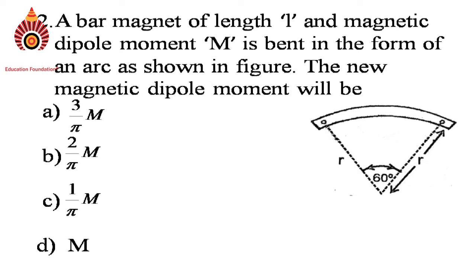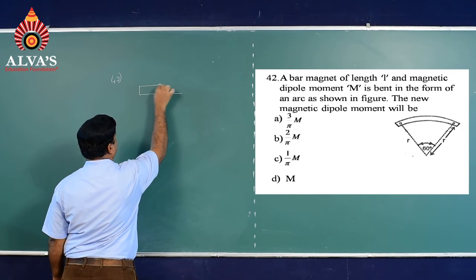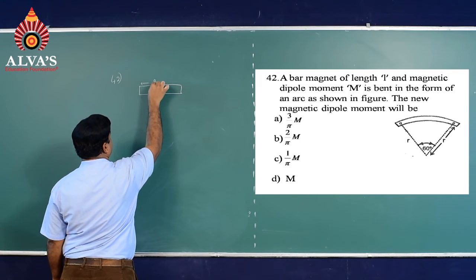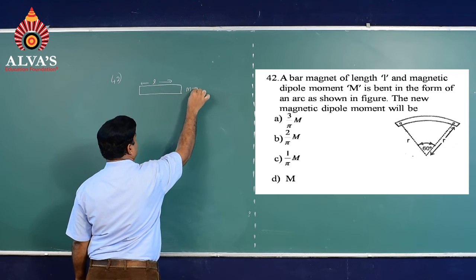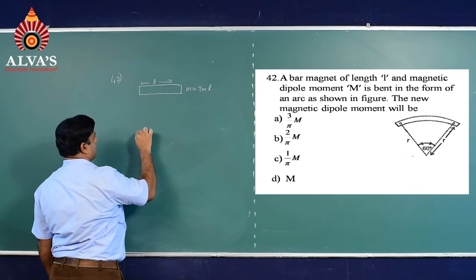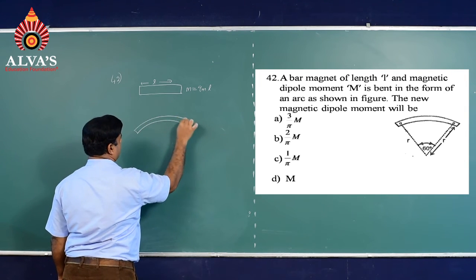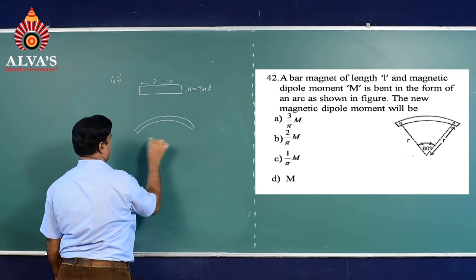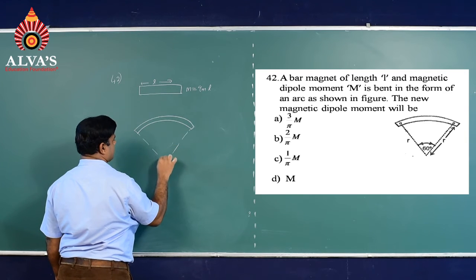A bar magnet of length L and magnetic dipole moment M is bent in the form of an arc as shown in the figure. The new magnetic dipole moment will be? There is a bar magnet of length L whose magnetic dipole moment is M, which is equal to qm into L. Now it is bent to form an arc which subtends an angle of 60 degree at the center.